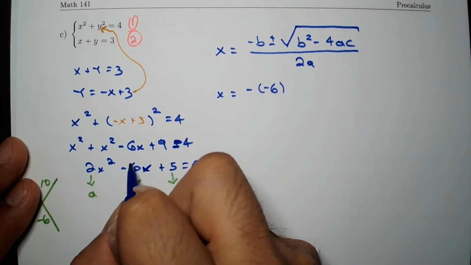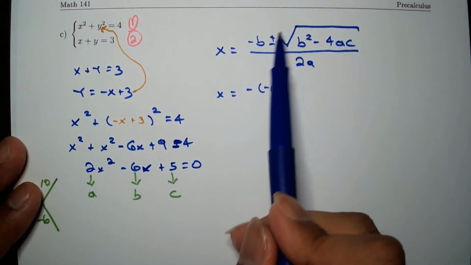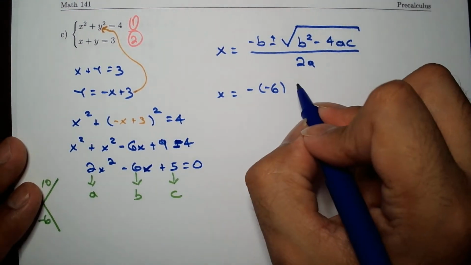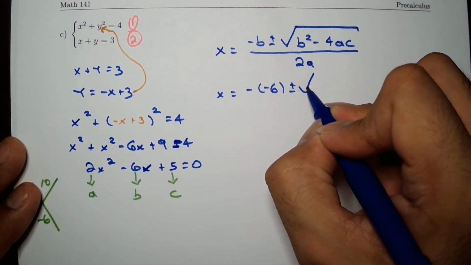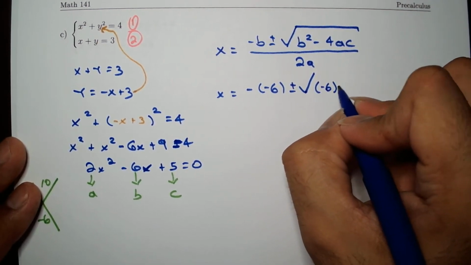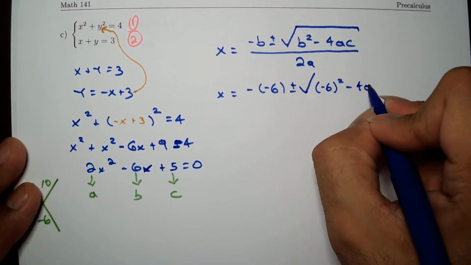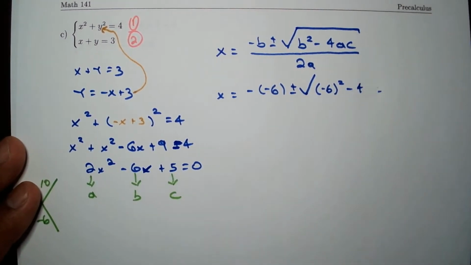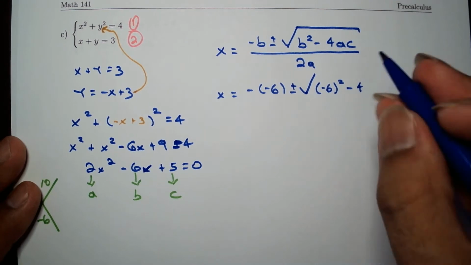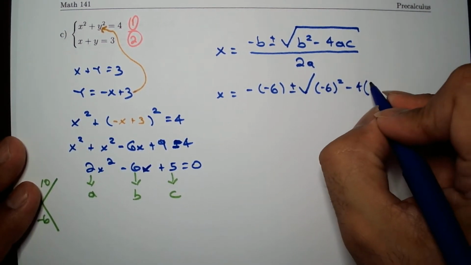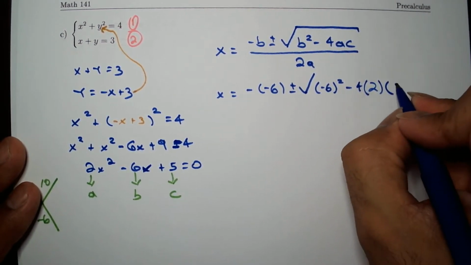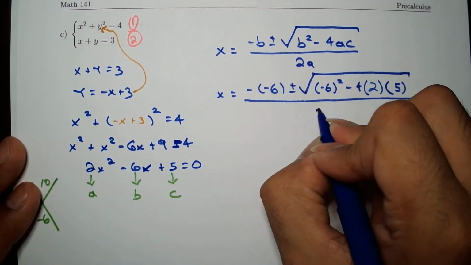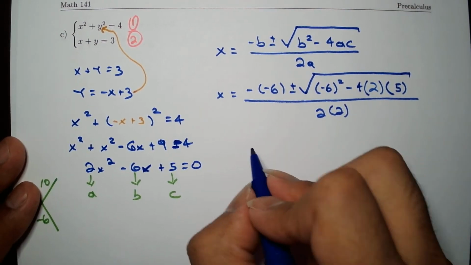Recall that when we plug in the numbers that come from the equation into the quadratic formula, they come with a sign. And then plus or minus the square root of negative 6 quantity squared minus 4ac. So that's a, which is 2, and c, which is 5. The whole thing being divided by 2 times a, which is 2 times 2.